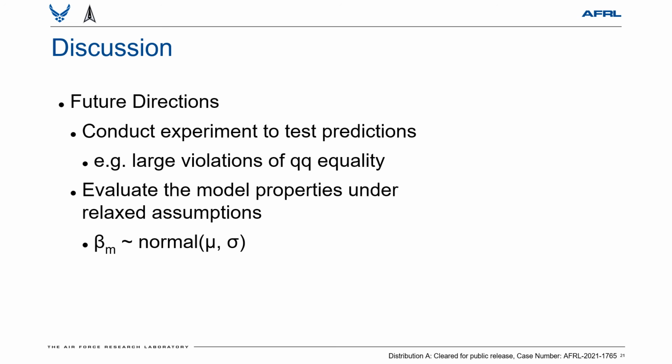For example, we will include conditions that predict both small violations and large violations of the QQ equality. We are also investigating the property of the model under relaxed assumptions. For example, the base level constant could be drawn from a distribution to reflect variation in encoding strength.